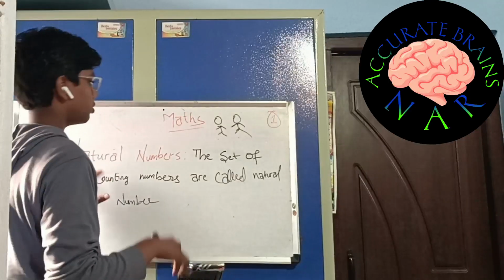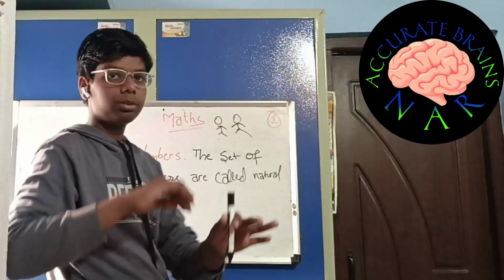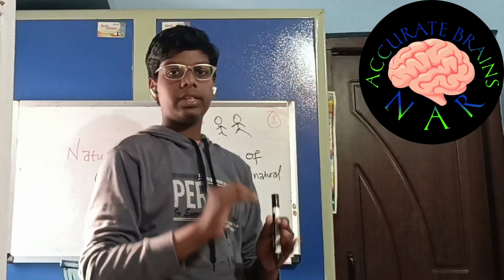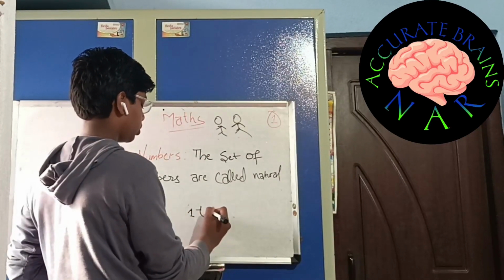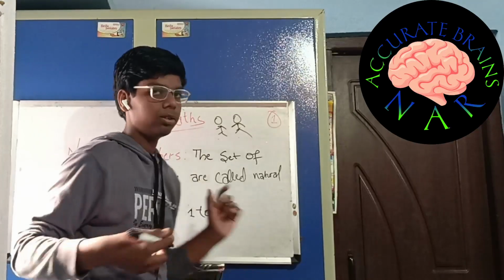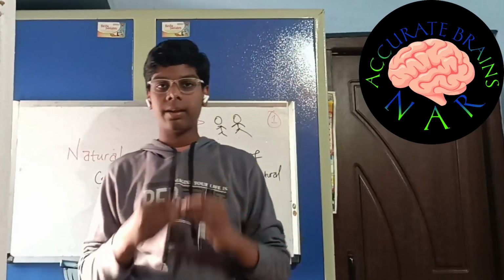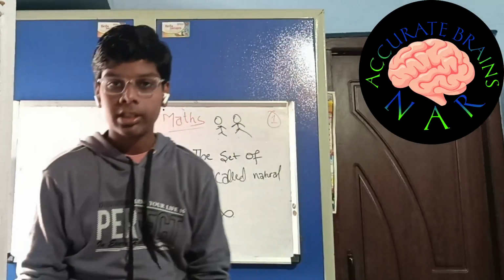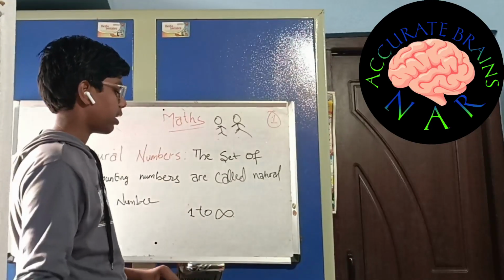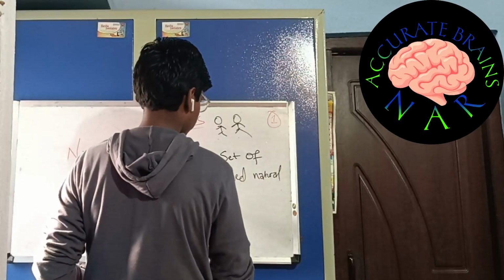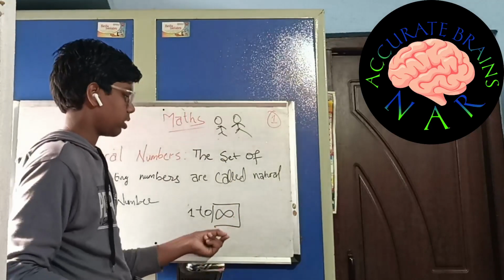These are counting numbers, the numbers which start from 1 and go up to infinity. Infinity means unlimited numbers. We know that we have unlimited numbers, and the unlimited is nothing but infinity. The infinity symbol is represented like this.